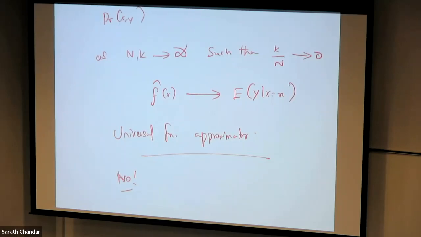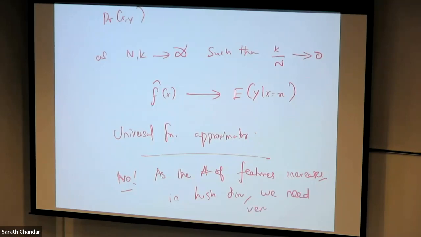Now, as the number of features increases, this is not as good an algorithm as we think it is. As the number of features increases, or in other words, in high dimensions, we need a very large number of samples.